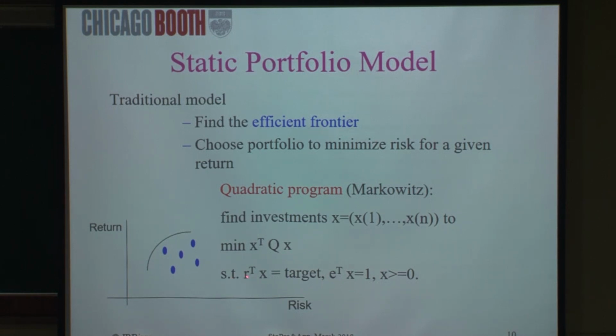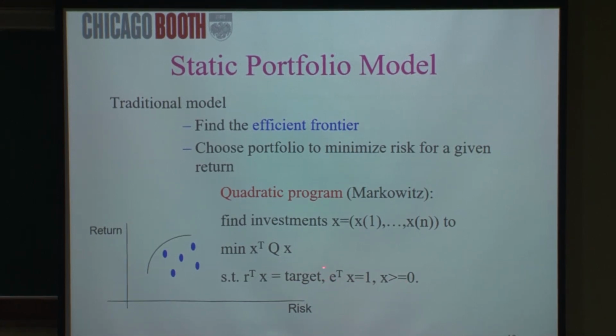So this is your expected return for each of the assets. You would set it such that the expected return times each of the assets, summed together, equals whatever your target return is, and you use up your investment. Just E is the vector of ones. So you use up the investment, and it might be non-negative, or you might allow negative positions, but you would optimize by minimizing the variance here.